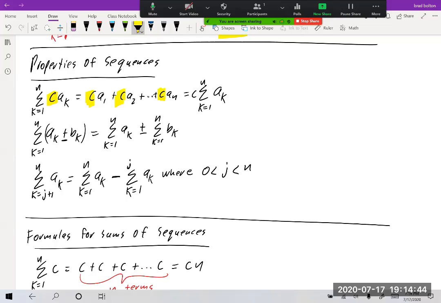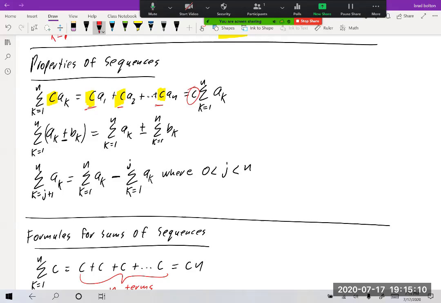Well, that means technically, couldn't you factor out the C from the whole sum? And you could just move it to the front. So what they're saying is if you're ever multiplying by a constant, you can pull it out of the summation. Like if it was 7 times k squared, you could pull the 7 out, work with the k squared, and then multiply the whole thing by 7. So that's all they're saying.